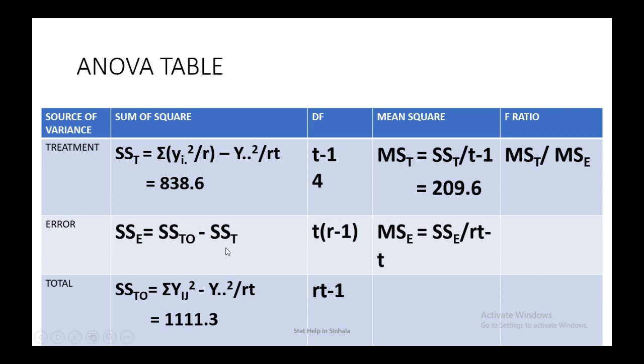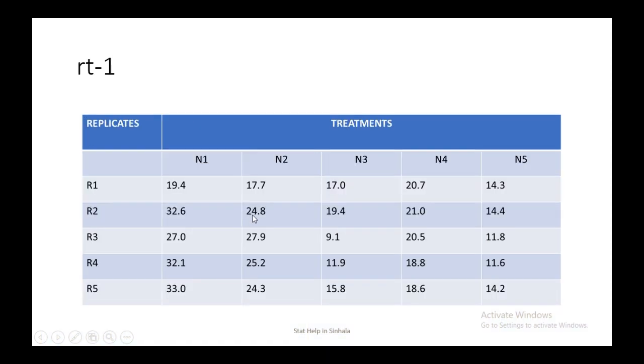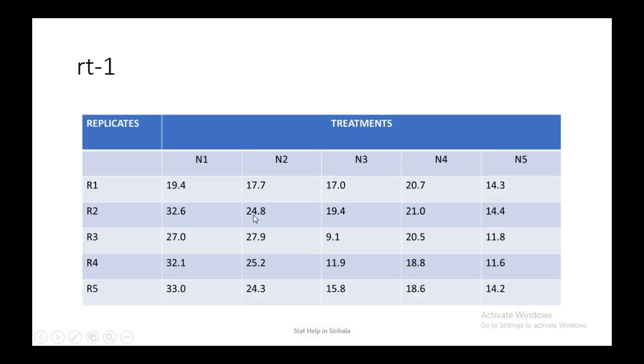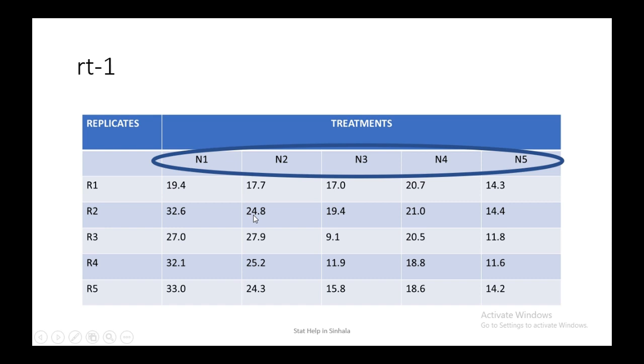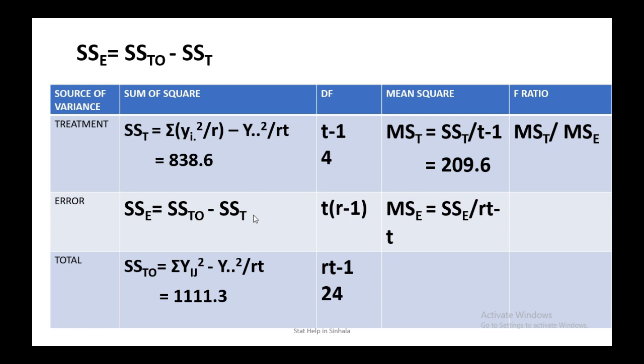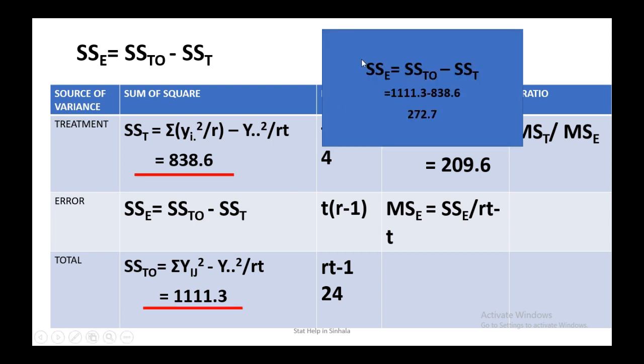So we can calculate sum of square error if we have these two values. This is sum of square error.